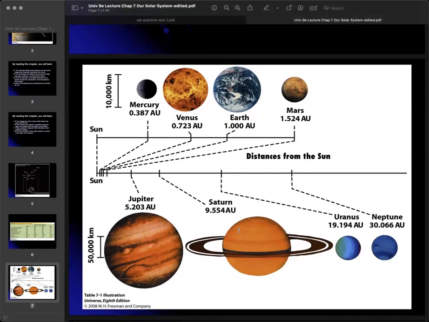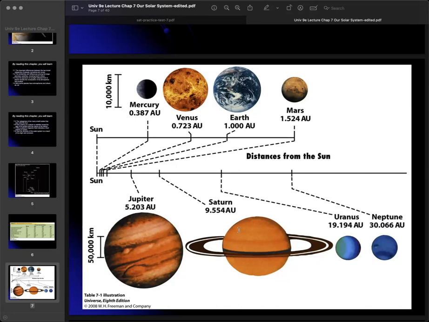So just to give you an idea, the diameter of Jupiter is about 11 times that of the Earth's diameter. Comparing the volumes, about 121 Earths can fit inside Jupiter.